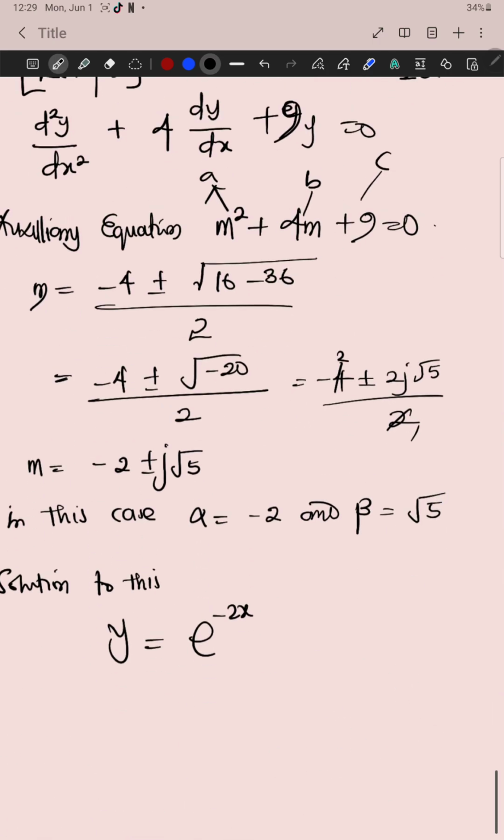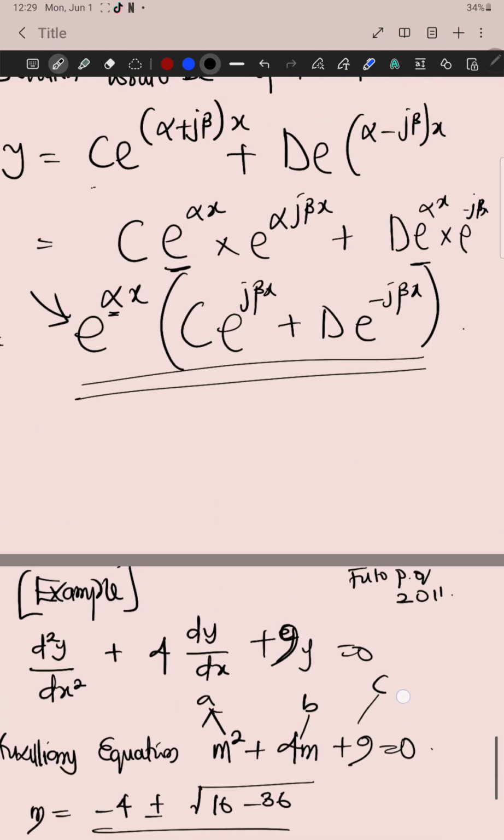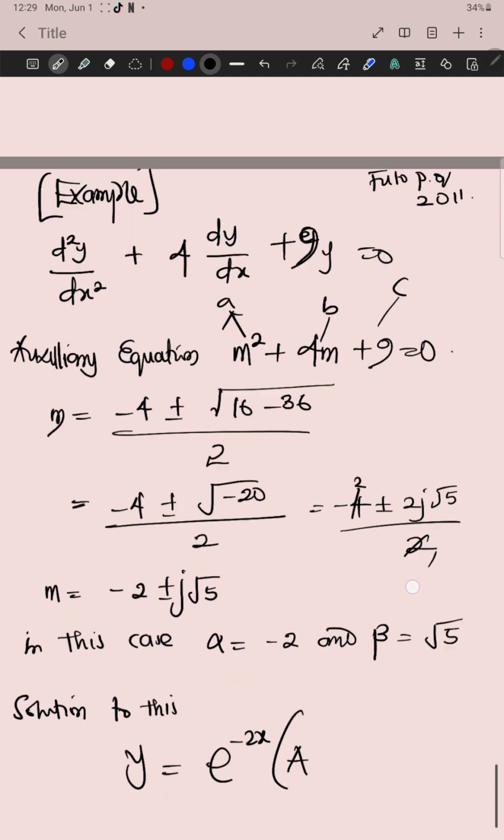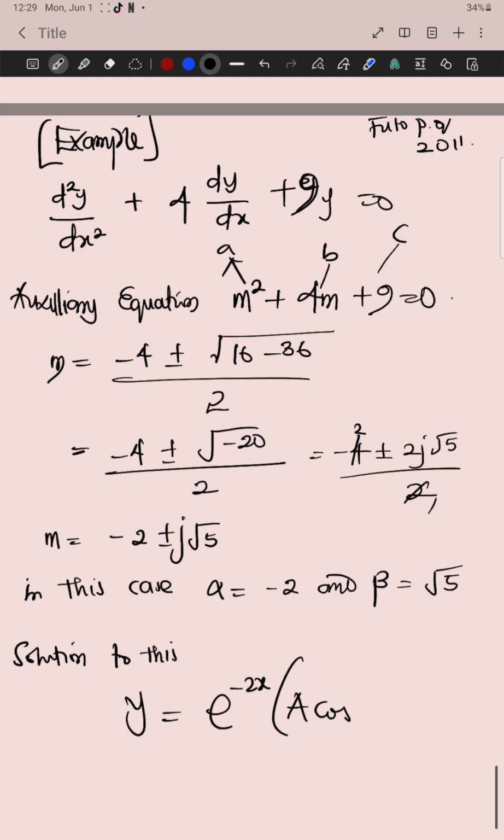So we have e to the power of negative 2x into the bracket of a, and this is where cos comes in. Cos and sine. We now have a cos square root of 5x plus b sin square root of 5x. Cos comes before sine.